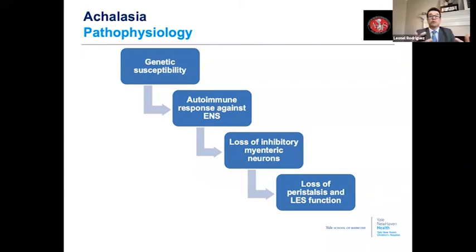And there are neurotropic viruses like herpes simplex, HPV, and others that might trigger an autoimmune response that is mediated primarily by T lymphocytes and anti-neuronal antibodies that are targeted against the enteric nervous system. This results in a loss of inhibitory myenteric neurons that creates an imbalance between excitation and inhibition and results in a loss of peristalsis and LES function.